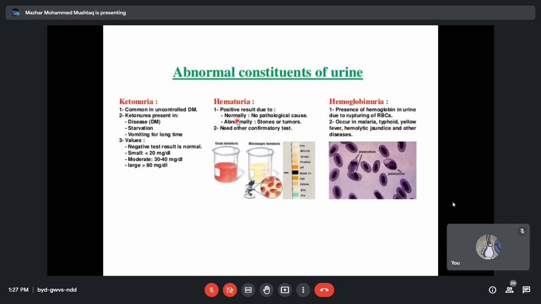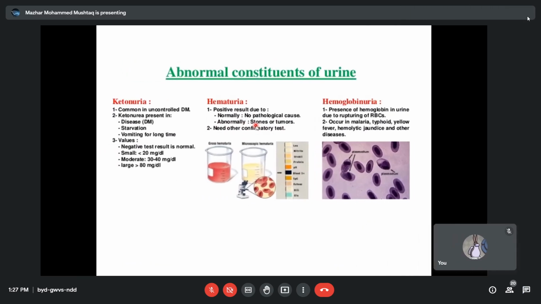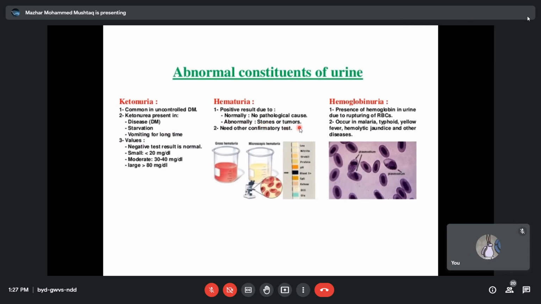Hematuria is the presence of red blood cells in the urine. Normally, it is not there. If there are red blood cells, it can indicate some sort of stone, or tumor, or leakage, or a clotting problem, and this requires further confirmation. The red blood cells can be seen under the microscope.